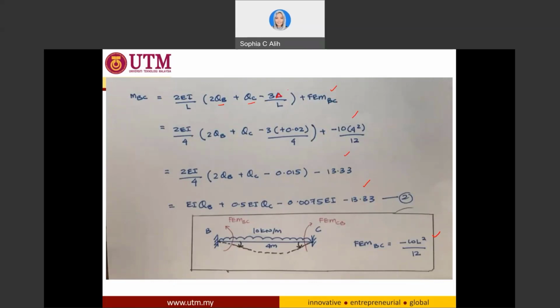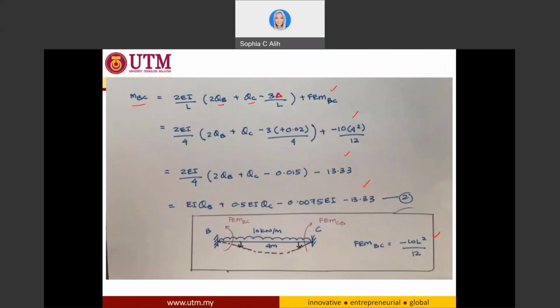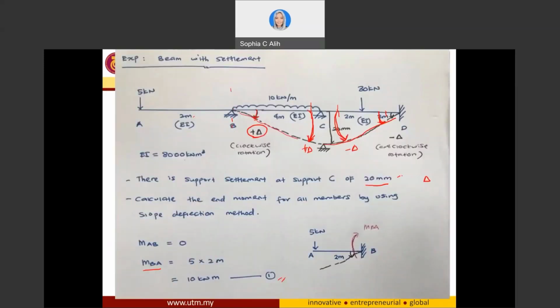Okay, so before this we cancel out delta because there is no settlement, but since there is settlement in here, and for MBC, it is positive delta, so I put it to be positive 0.02 because this is 20 millimeters, so 0.02 meter.